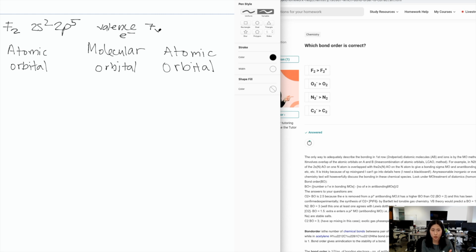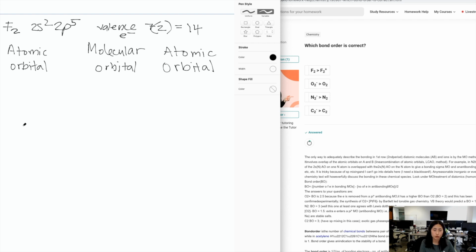And because you have 2 atoms of fluorine, that would be 7 times 2, which is 14. Does that make sense? These are the necessary information that you need to fill out your atomic orbital and your molecular orbital.